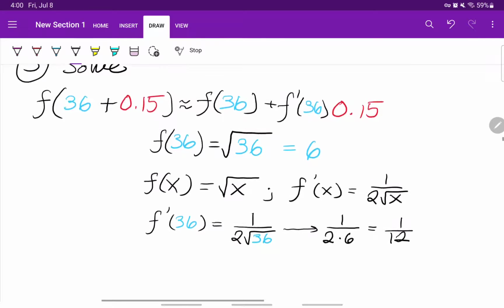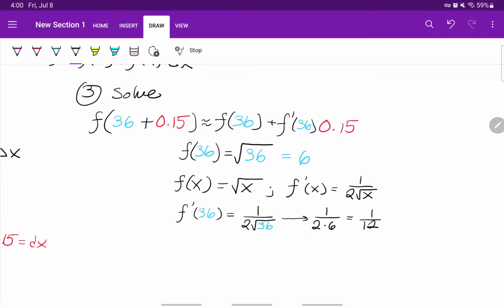Let's continue. So, f of 36.15, because I added these two together, is approximately equal to 6. F of 36 is 6. Plus f prime of 36, that's 1 over 12. And do not forget about this 0.15 that we're multiplying.